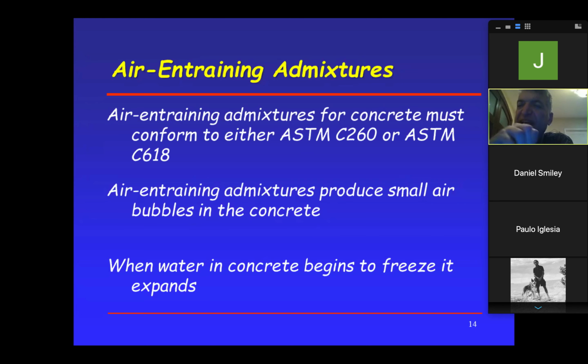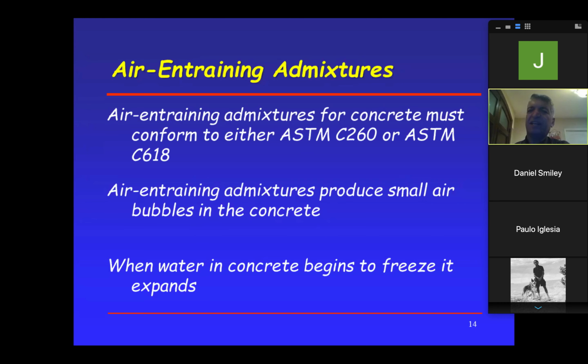When they freeze, they're going to expand, and when they expand, they're going to crack the concrete. So when you provide those air bubbles, the expansion is going to go into those bubbles because they're going to be voids. The bubble is not going to stay a bubble for a long time. The bubble is going to pop, but this creates a void. So when the expansion happens, it's going to go into that.